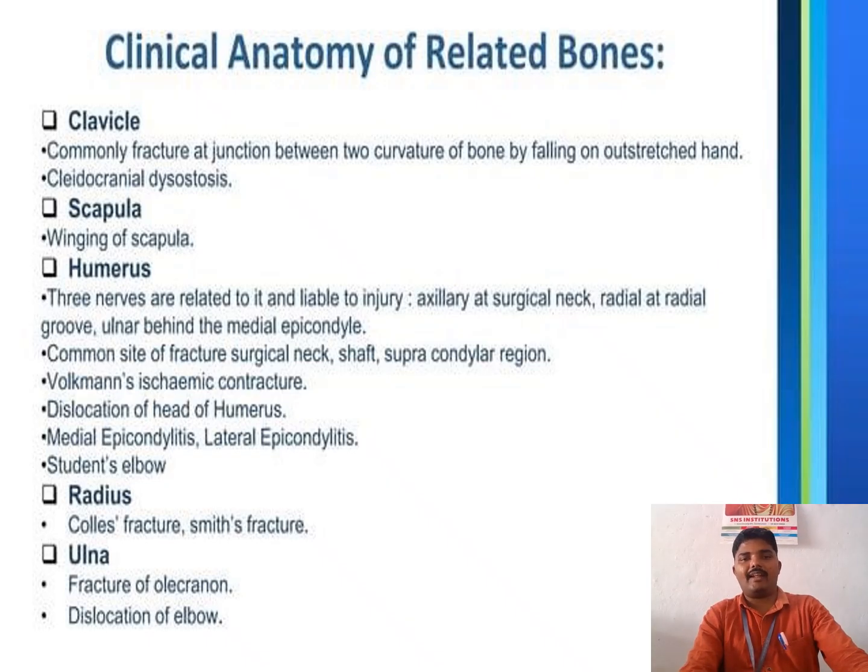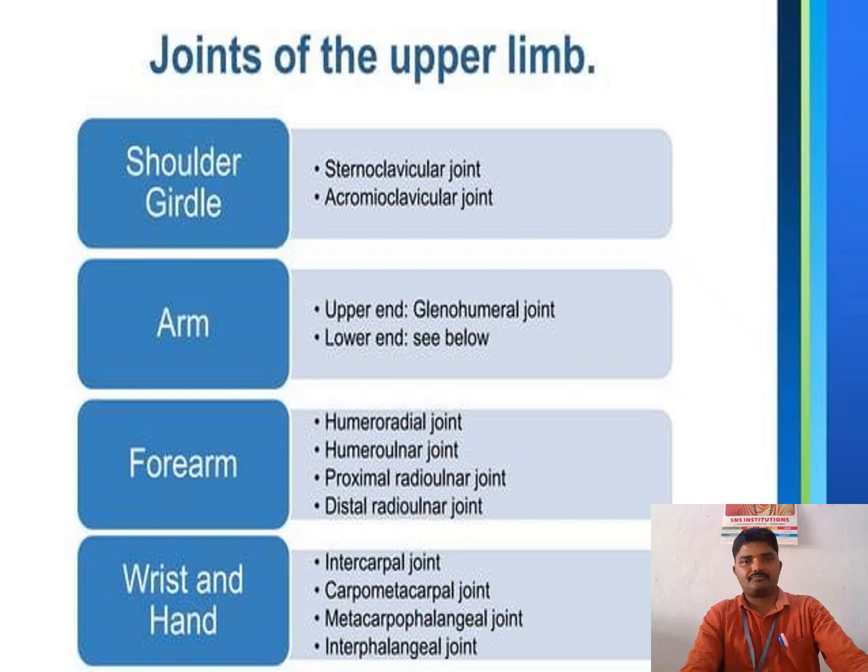Common sites of fracture are the surgical neck, shaft, and supracondylar region. Volkmann's ischemic contracture, dislocation of the head of the radius is common, medial epicondylitis, lateral epicondylitis, and student's elbow is more common. The radius is mainly for Colles' fracture and Smith's fracture. The ulna is mainly for fracture of the olecranon and dislocation of the elbow.